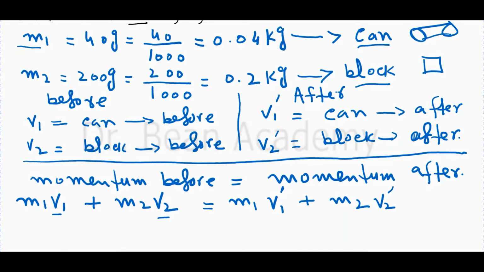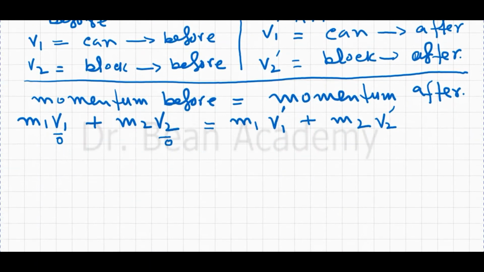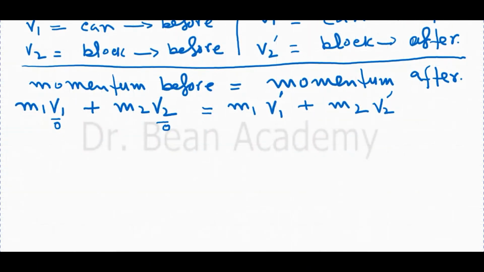When it reached the maximum height, it was still for a moment. So these velocities are 0. It means the left side will become 0. So this whole side will become 0 equals m1 v1 prime plus m2 v2 prime.